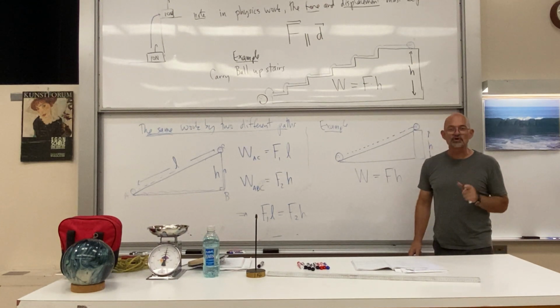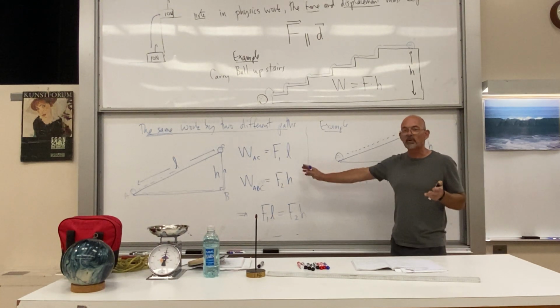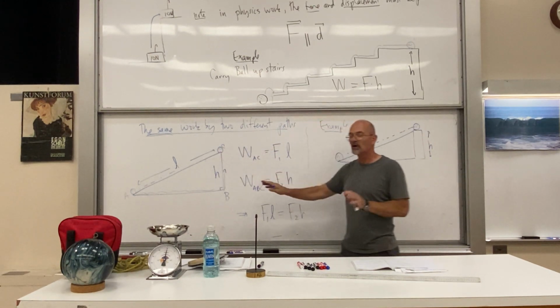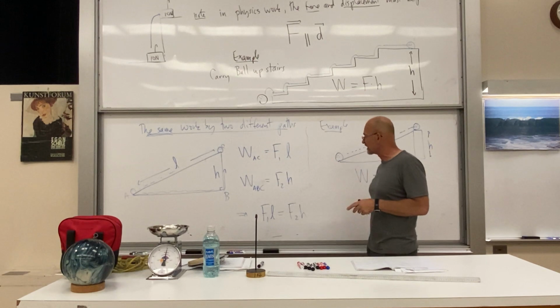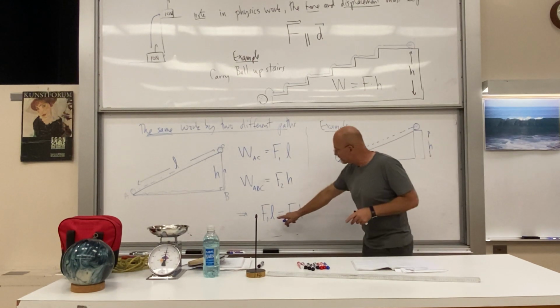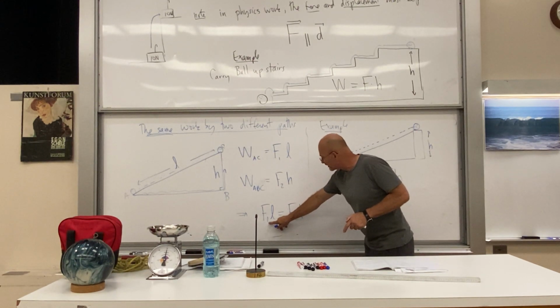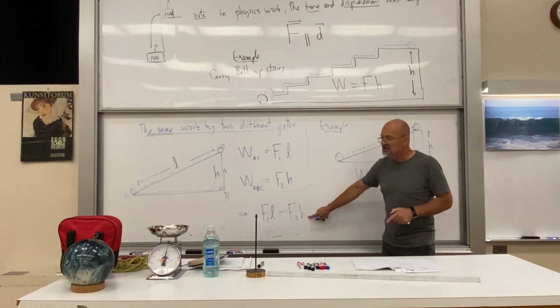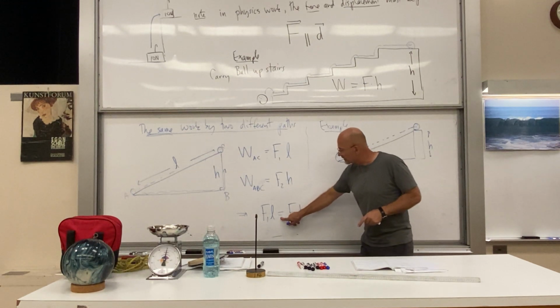Now we could get into trigonometry here, but we actually don't have to. We have a well-defined triangle. We know the Pythagorean theorem, we know similar triangles. So it's just the point that F1 is small and L is large, or F2 is large and H is small. There's an equal sign here.